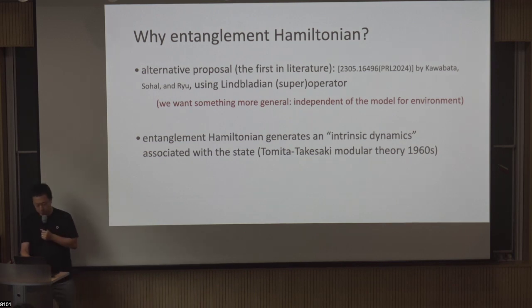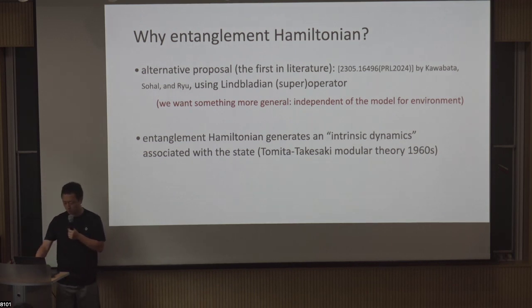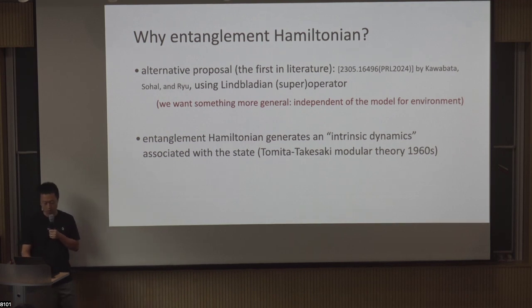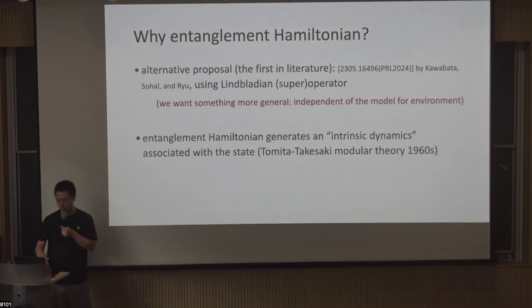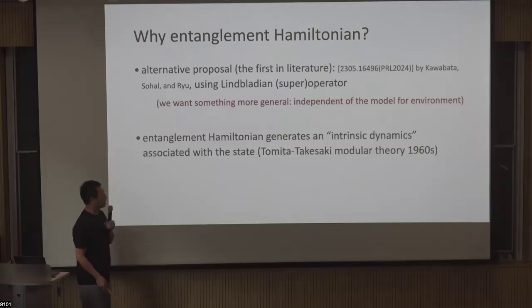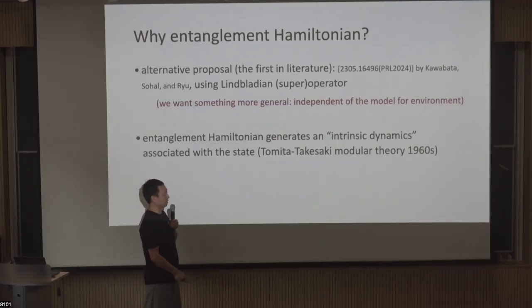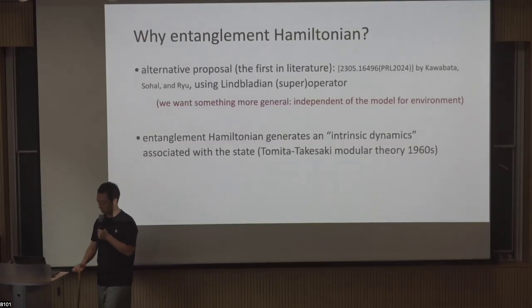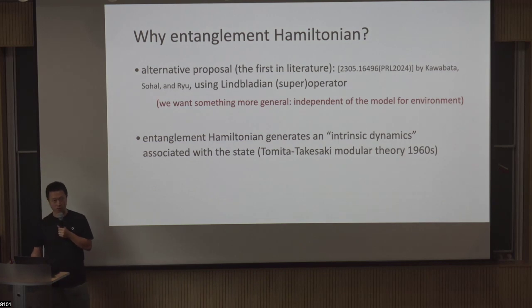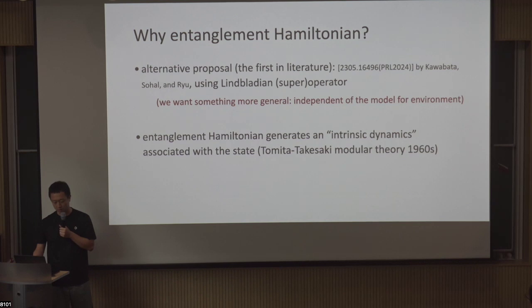Another personal perspective on why I like the entanglement Hamiltonian comes from operator algebra. In operator algebra, there's the famous and very important Tomita-Takesaki modular theory, where they define an intrinsic dynamics for each state. If I only give you a state, and I didn't give you a Hamiltonian, how do you define or quantify some kind of dynamics on top of it?